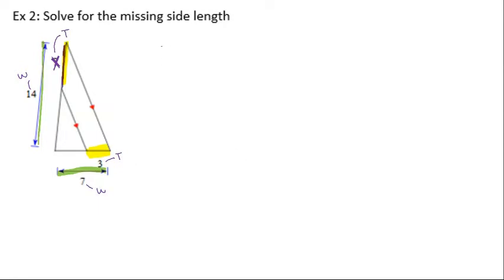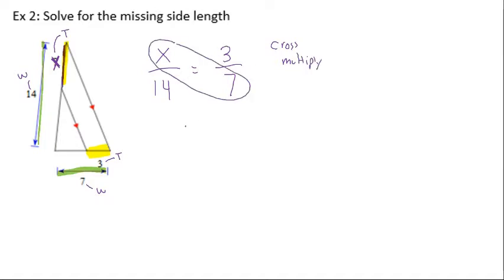So when I set up my proportion here, I'm going to set it up as x over 14 equals 3 over 7. And I just want to cross multiply right here. So I'm going to take x times 7. It's going to give me 7x.